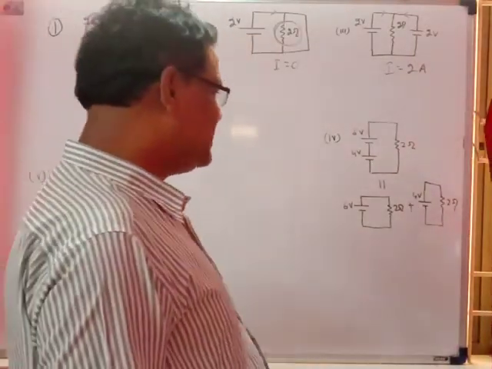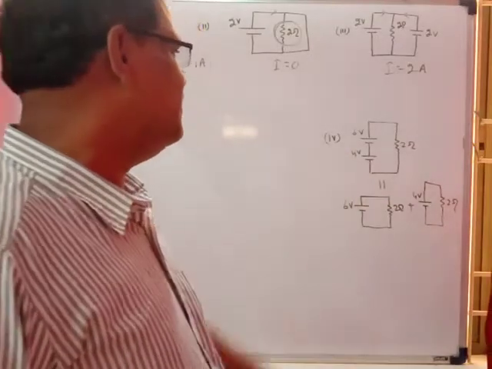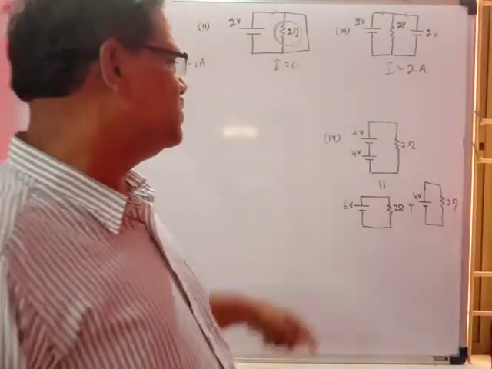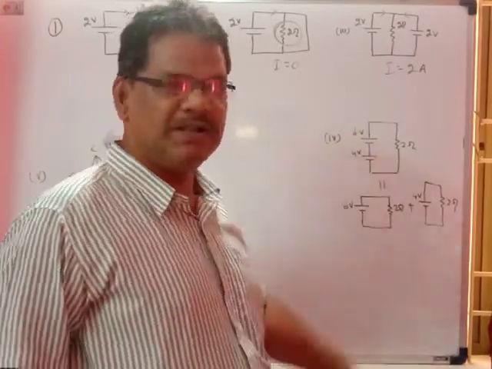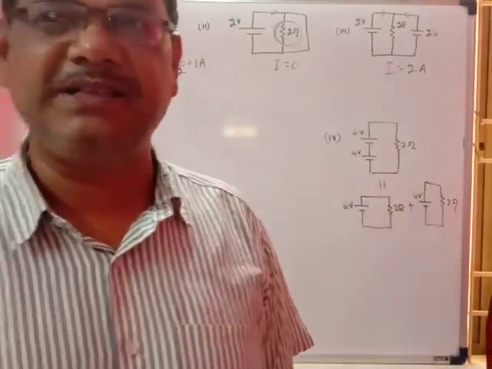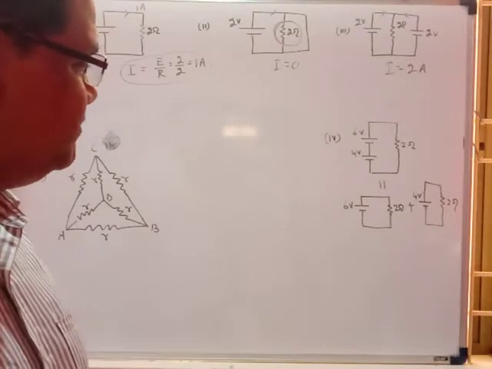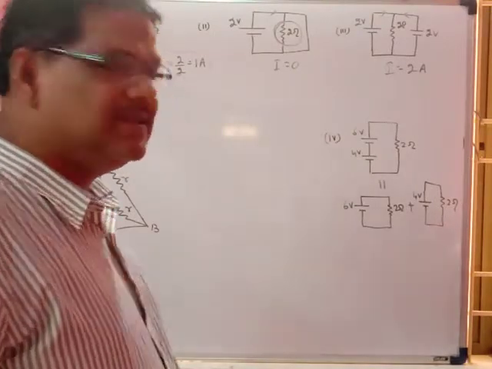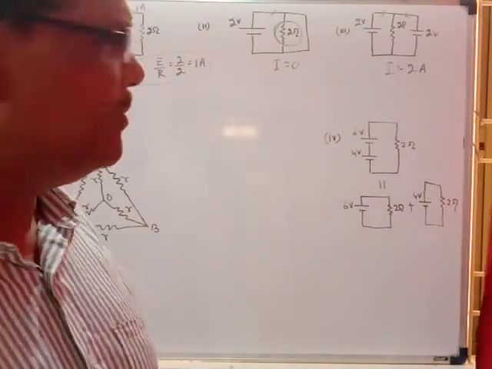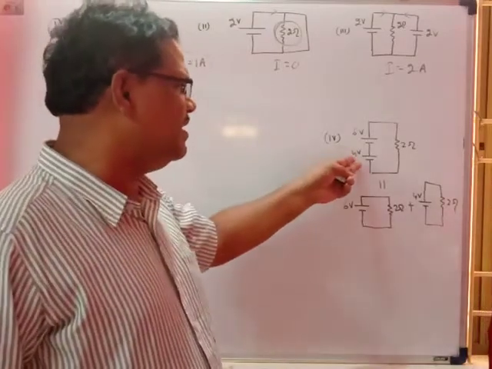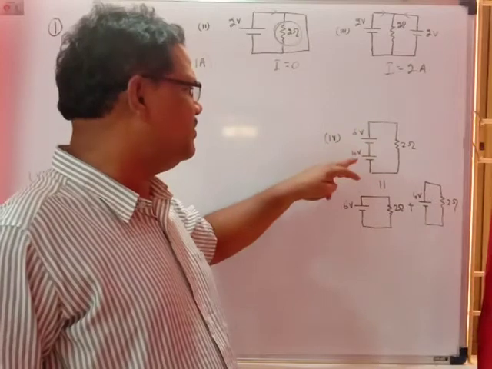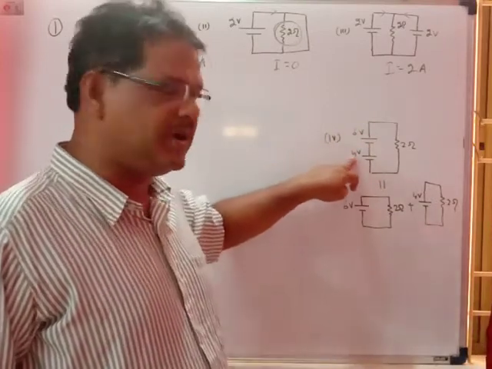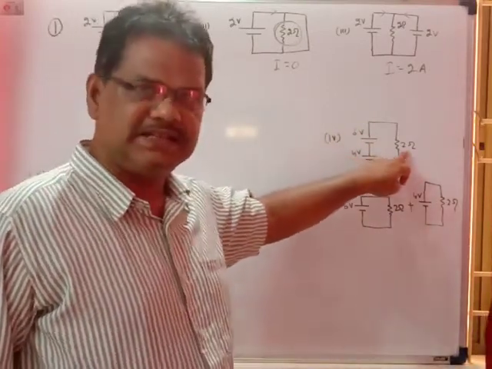If you look at case number 4, what happens here? The two cells, 4 volt and 6 volt, are connected to a 2 ohm resistor. Now you can apply the superposition principle. The simple way: if you calculate the net EMF, it will be 6 volt plus 4 volt equal to 10 volt, and net resistance is 2 ohm.